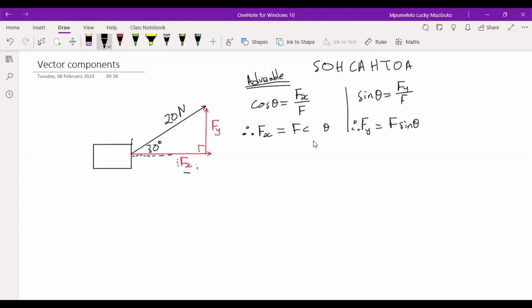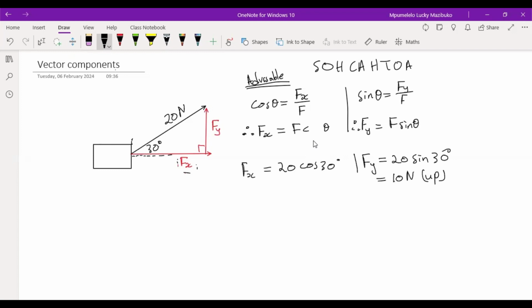The horizontal component fx would simply be 20 cos 30 degrees, and the vertical component fy will simply be 20 sine 30 degrees. Sine 30 is quite easy because we know it's a special angle from maths, so this is 10 newtons up.